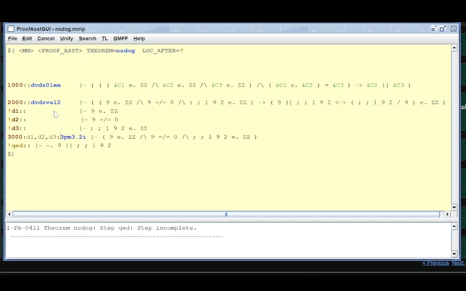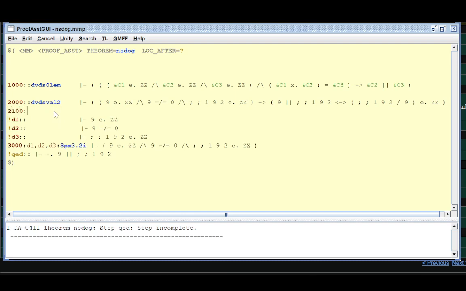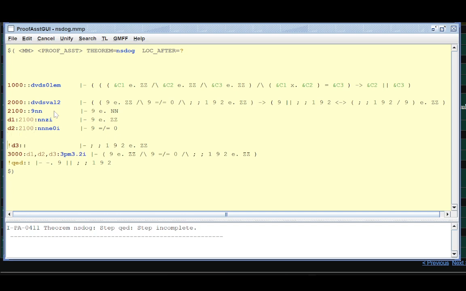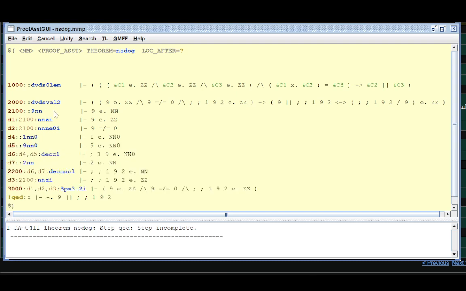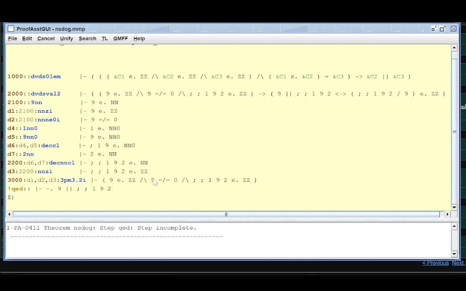You happy with all of these? Yes. So if we have 2100, I think 9NN should be enough for that. And what we want is 192 e.nn, nn. Loving it. Okay, so we've proven this, which is good.